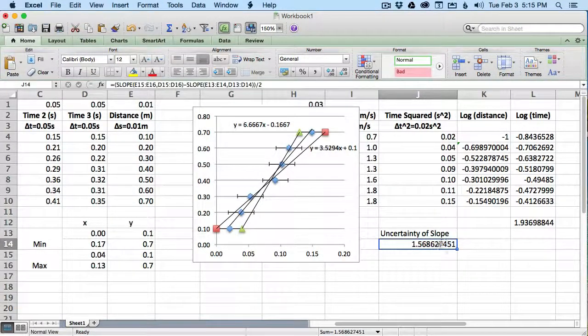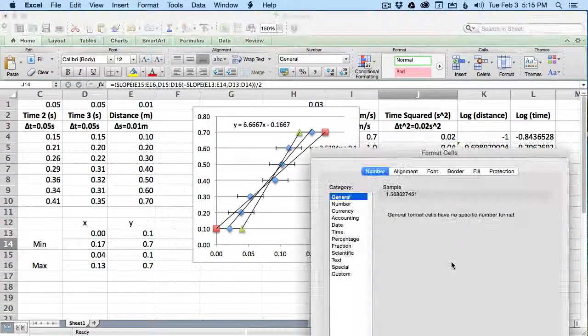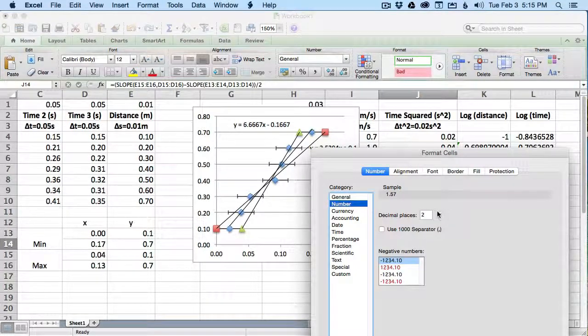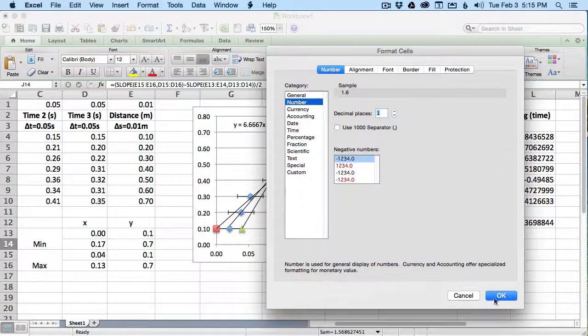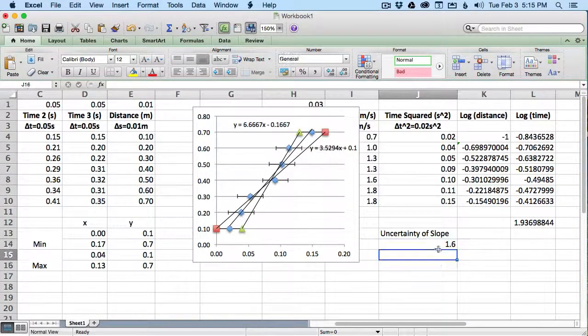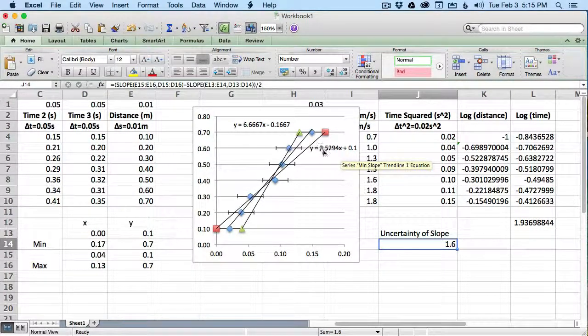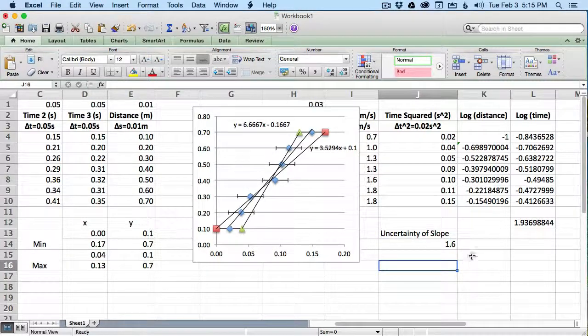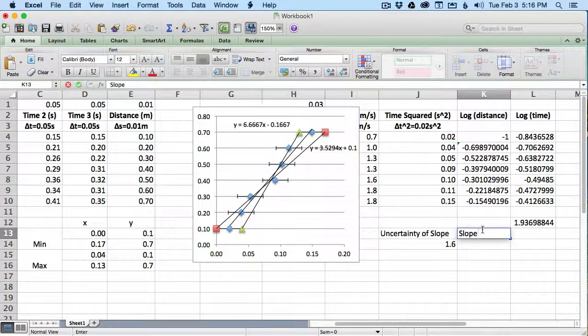Now, when you're finally putting the uncertainty of slope in here, one digit is good. Two digits in this case, I think, would probably be appropriate. We'll just go ahead and say 0.16. So my slope is equal to, let's find the slope.